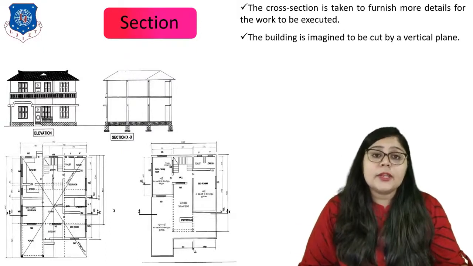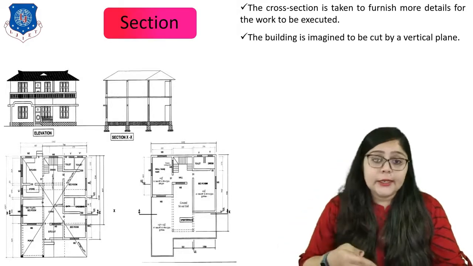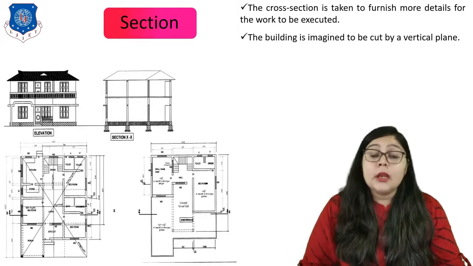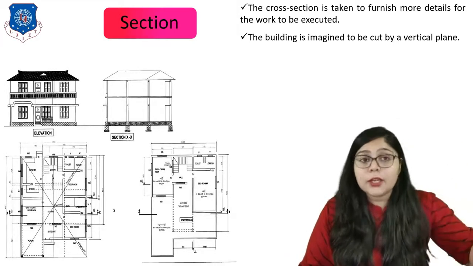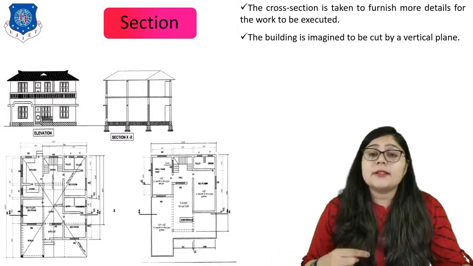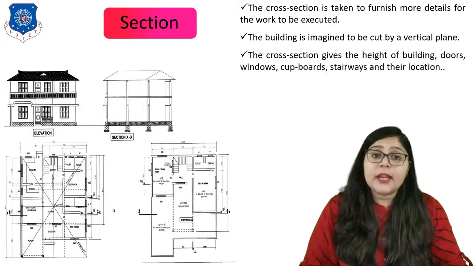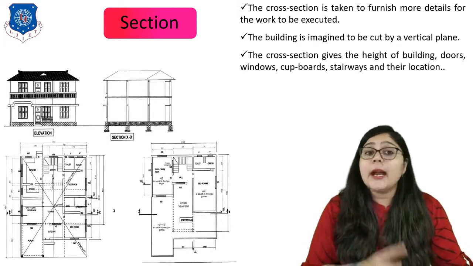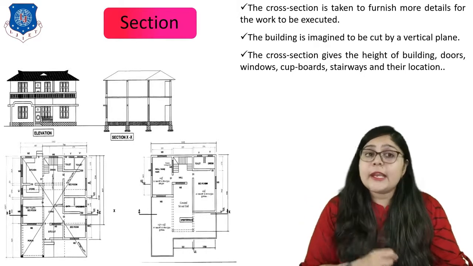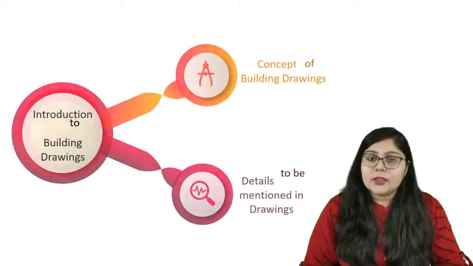I am trying to say the building is imagined to be cut by a vertical plane, right? Vertically. So whatever you can see is drawn in this section. Now from where you want to cut it vertically, that is your section line. It can be line XX or line AA, whatever, but the section line should be there, right? The cross section gives the height of the building, doors, windows, cupboards, stairways and their locations, right? So this is all about the section.